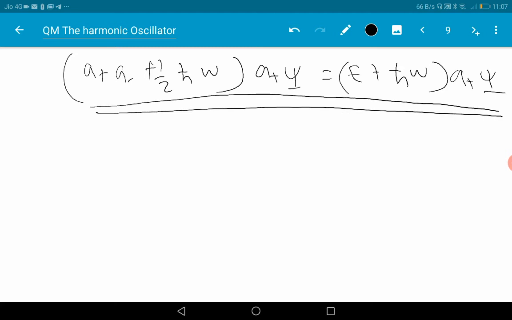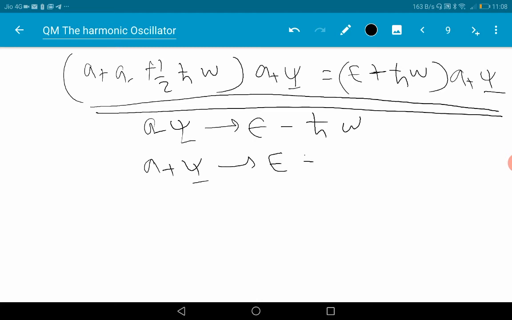So we see a plus psi does satisfy this equation with E plus h cross omega, and similarly a minus psi satisfies this equation and gives the new energy of E minus h cross omega, while a plus psi gives the new energy of E plus h cross omega.